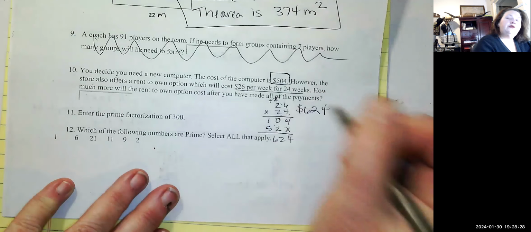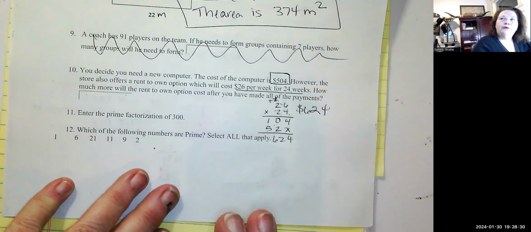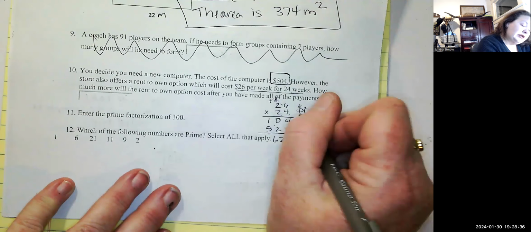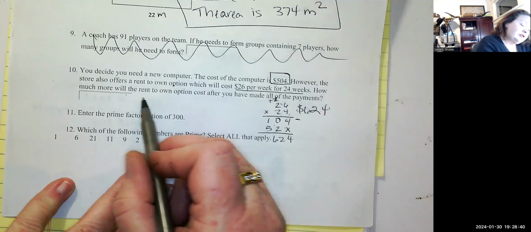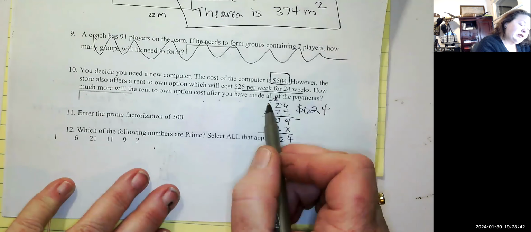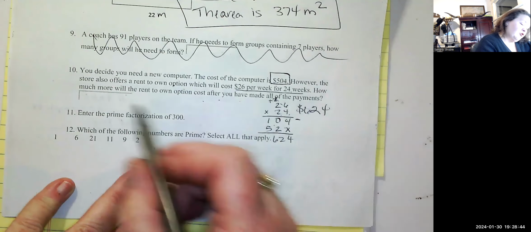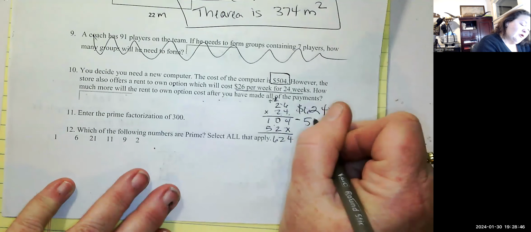$624 if you did the rent to own, versus $504 if you just paid for it. So how much money would you save just for paying for it? Their question is, how much more will the rent to own option cost after you've made all the payments? So that's 504.